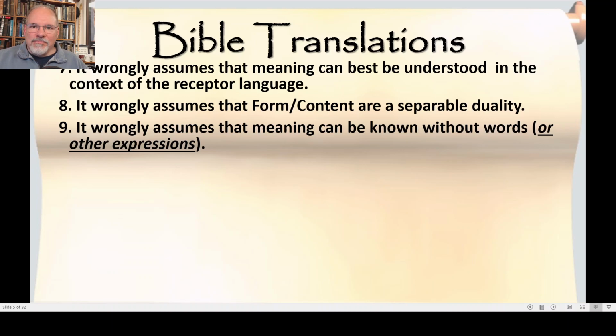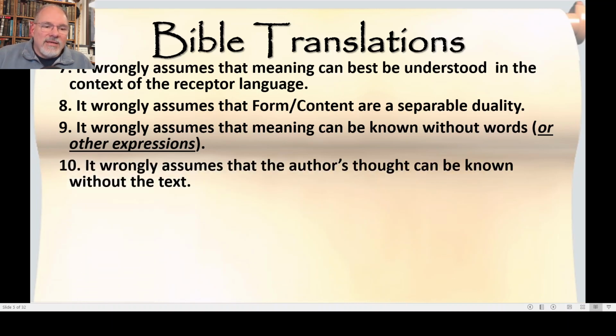So for those of you who have followed me and you understand the law of non-contradiction, this would really violate the law of non-contradiction, because you're basically saying that I don't need words to understand what the author is saying, yet at the same time I'm using the author's words to understand what the author is saying so that I can reword it, right?